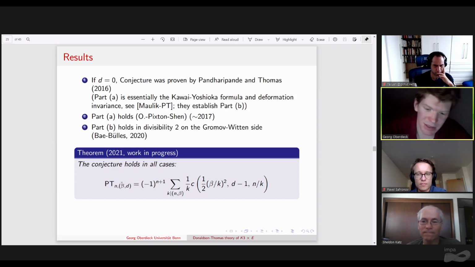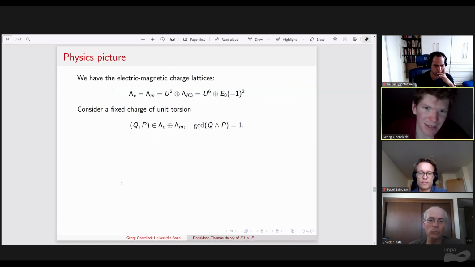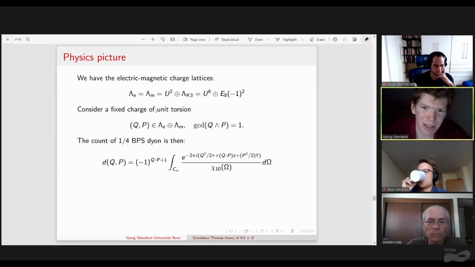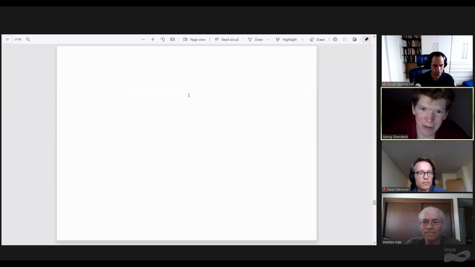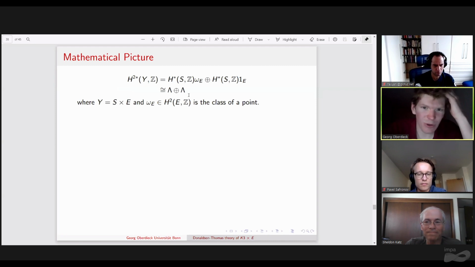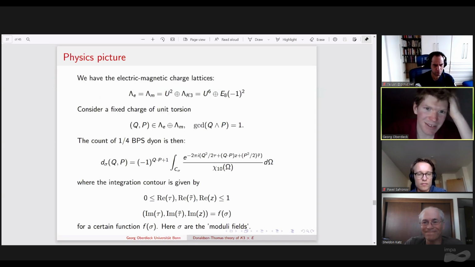And then for the other part, identifying all this stuff here, this electromagnetic charge lattice, you have to take into account this action of G on this thing. I think you can make the same story, but of course it becomes a little bit painful to match all of these things. But I expect that the same story will go through also in the CHL case, though it requires more care with the details.